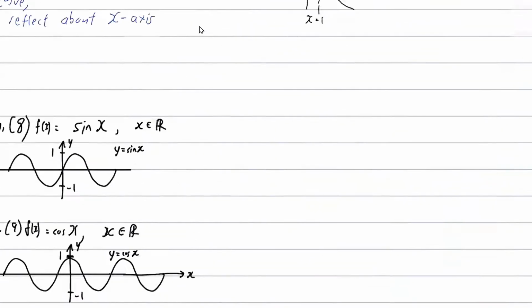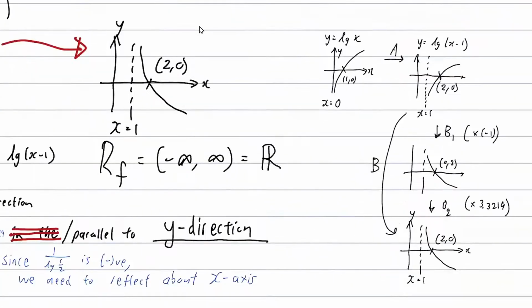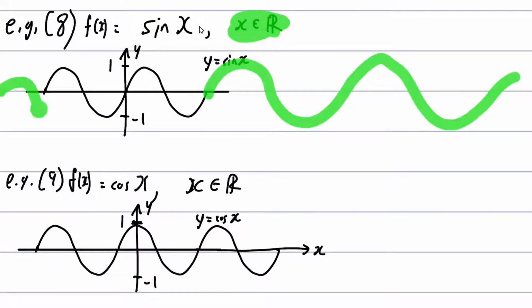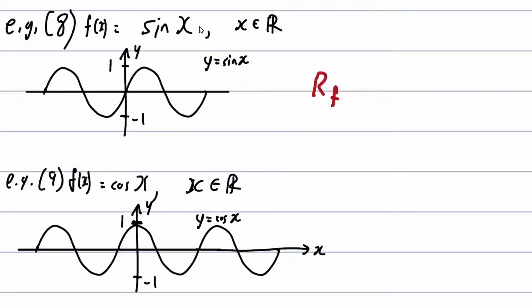Another graph, a trigo graph now, sine. For x an element of all real numbers, the graph just keeps on going. What's the range? Keeps going to the left, keeps going to the right. Range, look at what, x or y?